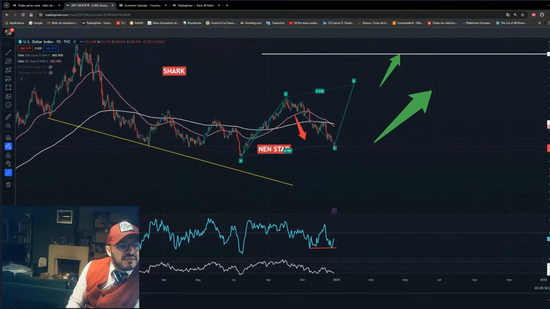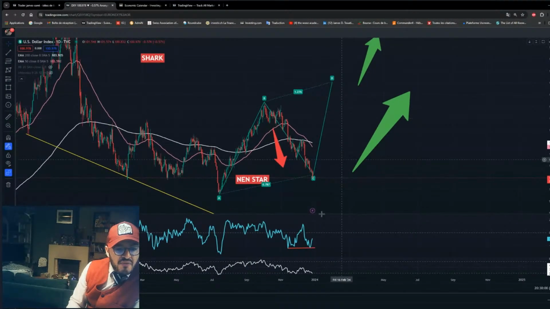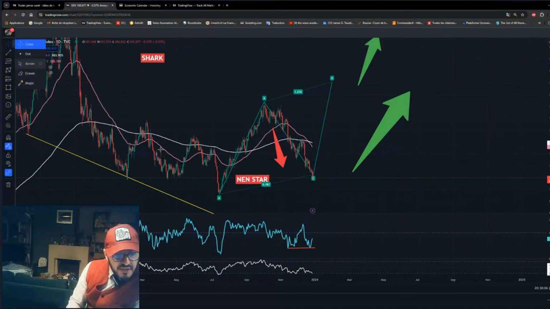So let me check here. Yes, it was just fantastic. Perfect. So now we have an ABC pattern. So we can go to this level and have a rebound because we have a divergence with the ROC, the rate of change. Oh, sorry, wait.